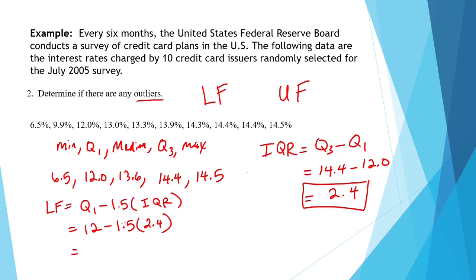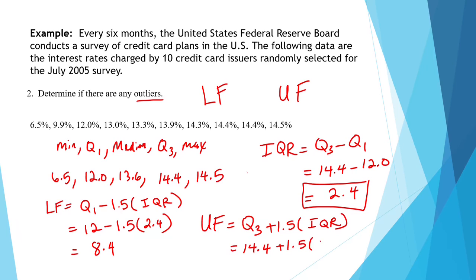We can enter this in a calculator, and this gives us 8.4 as the lower fence. The upper fence is equal to Q3 plus 1.5 times IQR. And Q3 is 14.4 plus 1.5 times IQR, which again is 2.4.